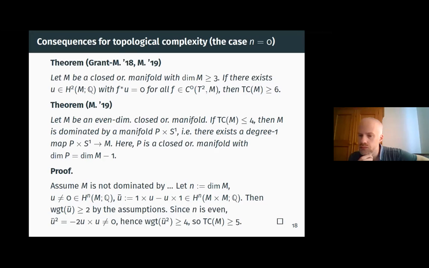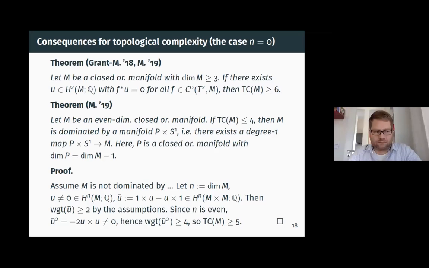So if you could show that the Wu manifold wasn't dominated by a manifold cross S1, then you've answered one of Petar's questions. Right. The problem is I'm not familiar with the Wu manifold, but this might be worth thinking about, definitely.